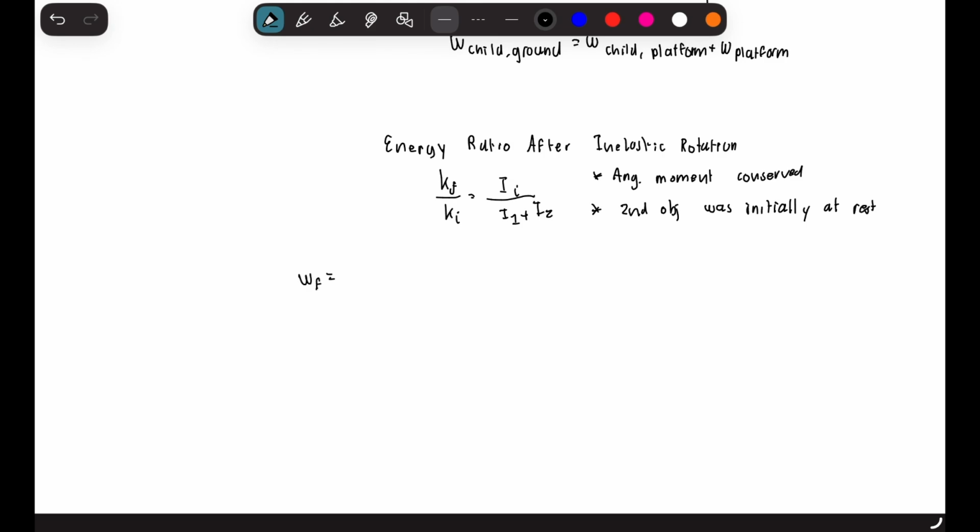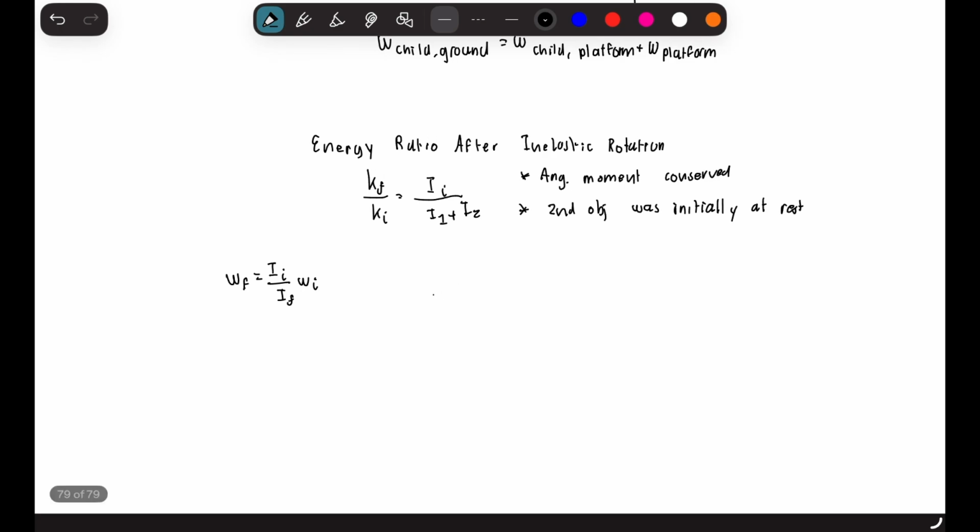Some other variants that we've seen is when you solve for omega in conservation. Also, when we solve for omega in a child problem with the platform.